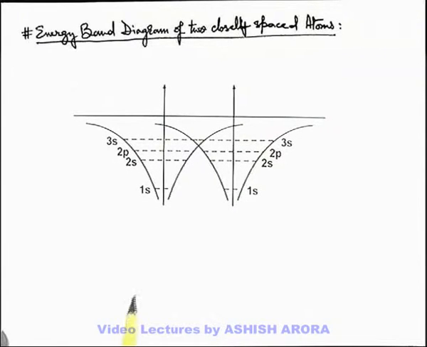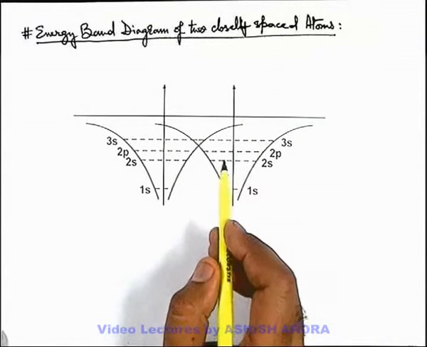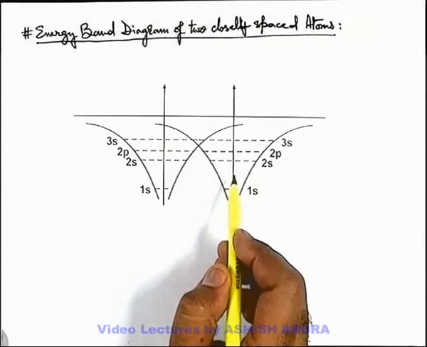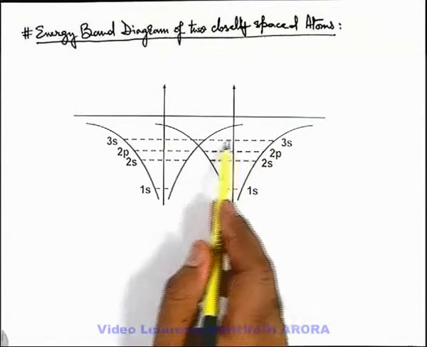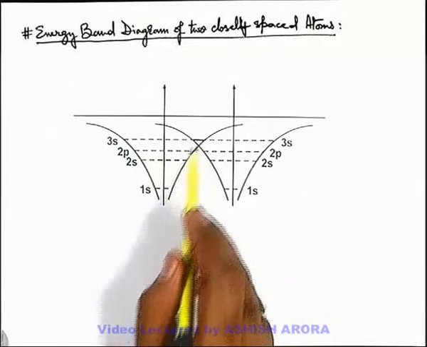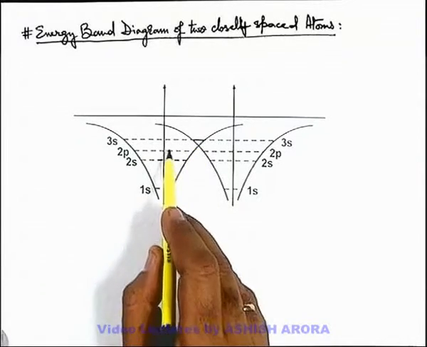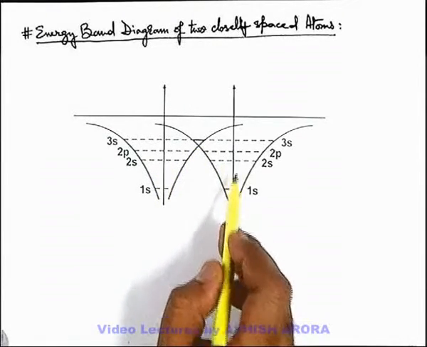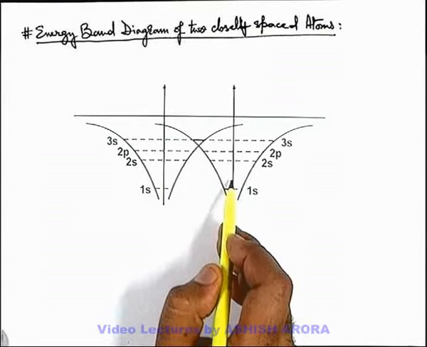At this situation we can say that the two atoms are at such a separation where the 3s orbital will overlap in this zone, and 2p to 1s are in the influence of their individual nuclei only.